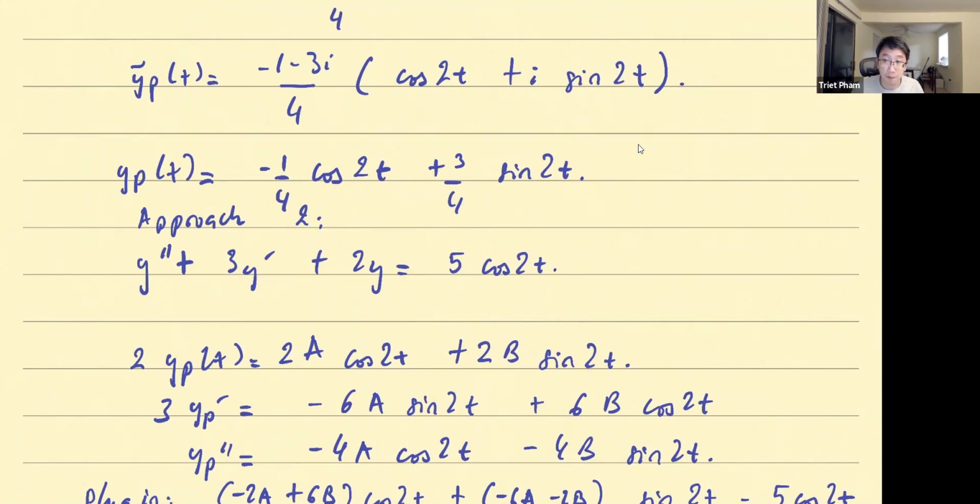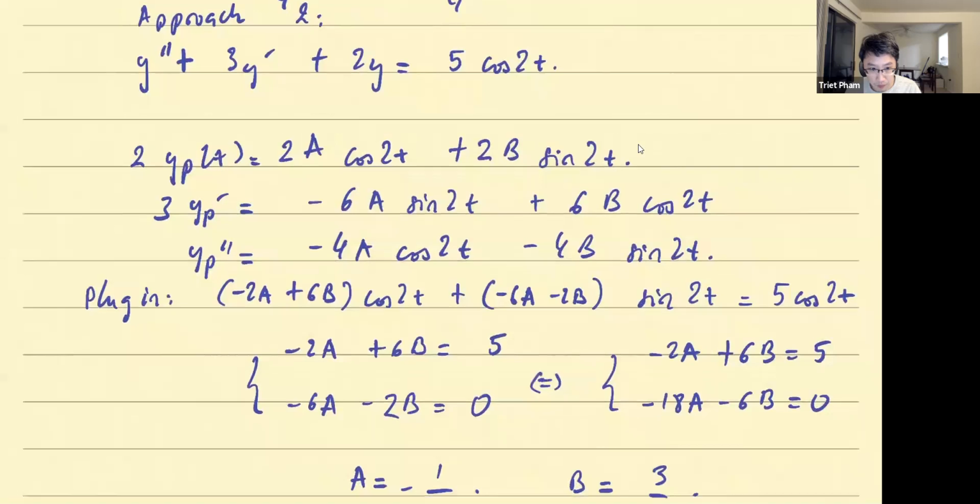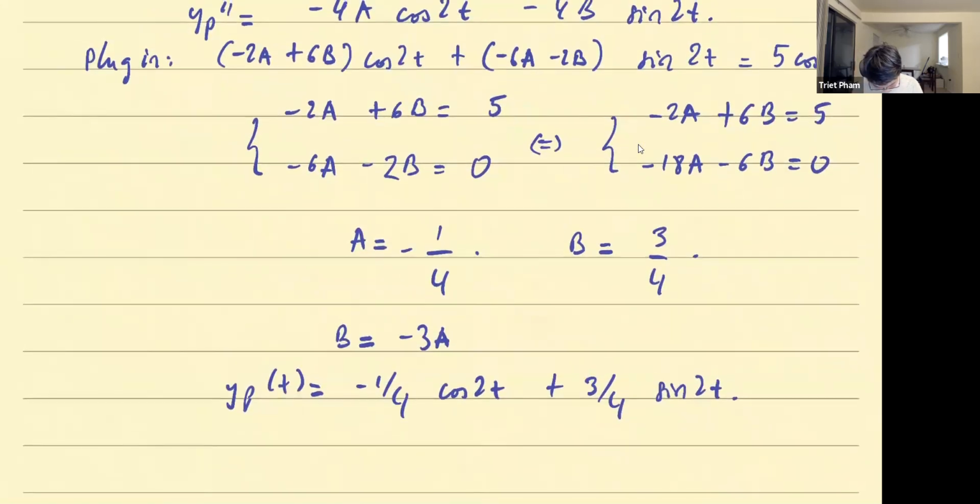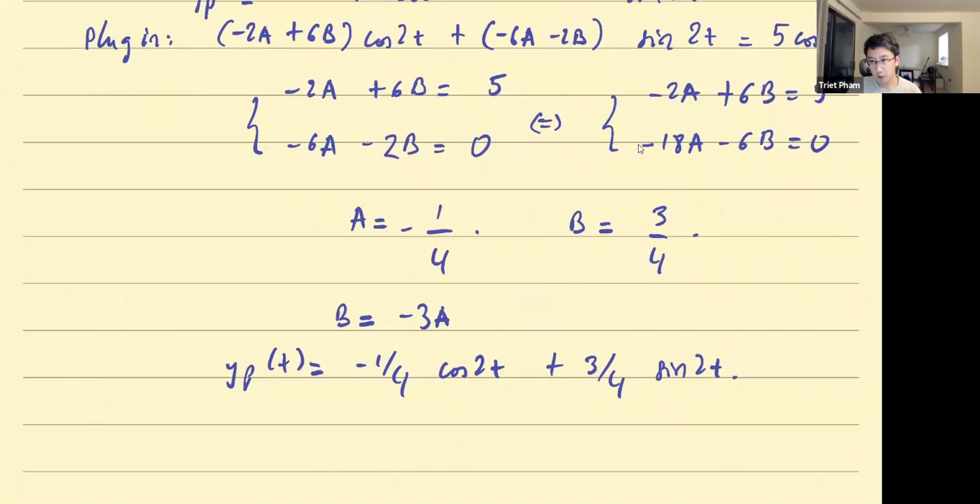Any question? All right. So that's how you solve it in general for the yp. And of course, the general solution is yh plus yp, I don't have to repeat that.